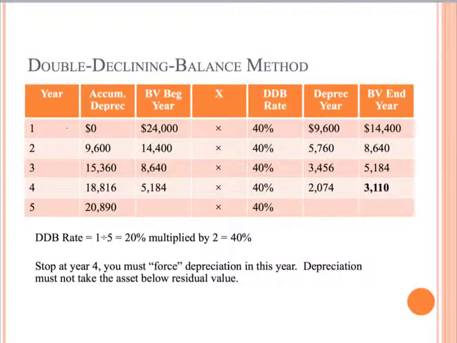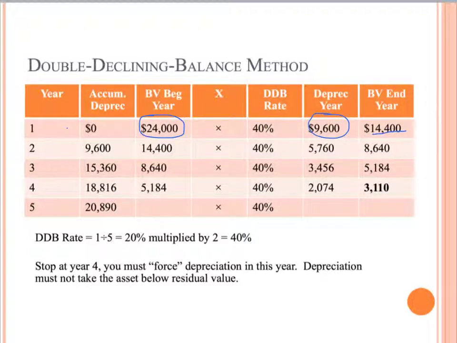Then we have our beginning year balance, $24,000, that's the cost of our machine. Our double declining rate, 1 divided by 5, 20% times 2, 40%. And so 40% times the $24,000 gives you the depreciation for the year of $9,600. $24,000 minus $9,600 gives you the ending balance in this account for the year.